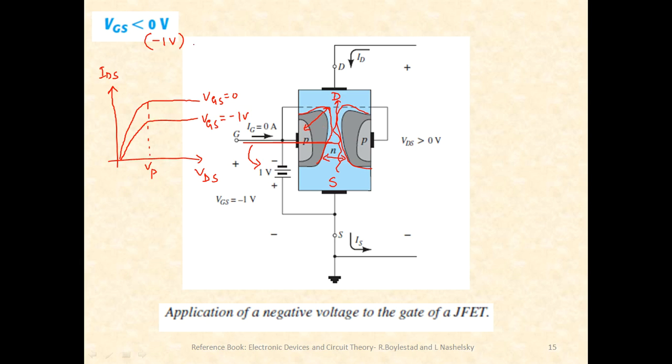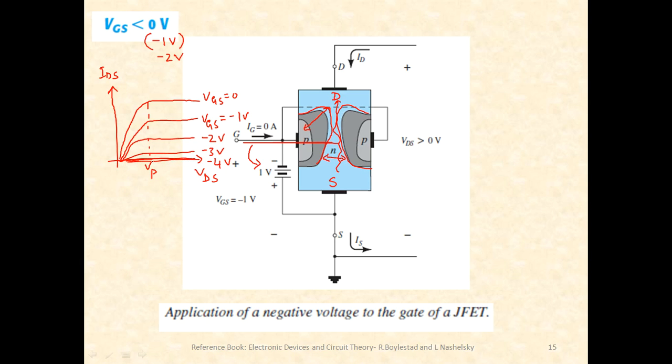Further, if I increase VGS from minus 1 to minus 2 volts, again I will have a lesser current. So this is when it is minus 2 volts. Further, if I increase it, again I land up here at minus 3 volts. If I further increase it, say minus 4 volts, I will not have any current at all, or a very small current will be flowing.